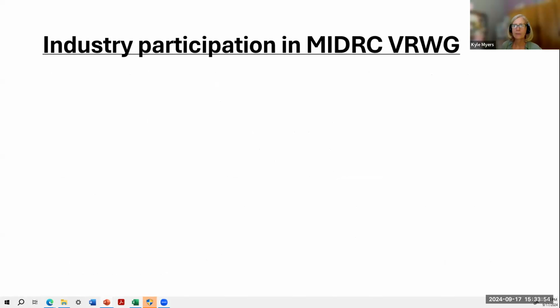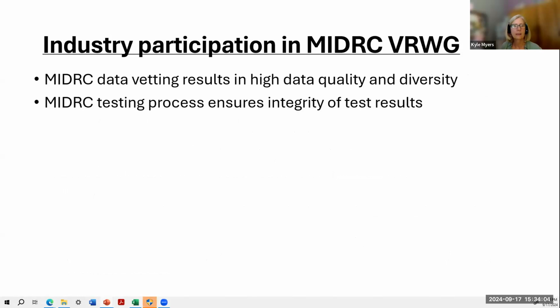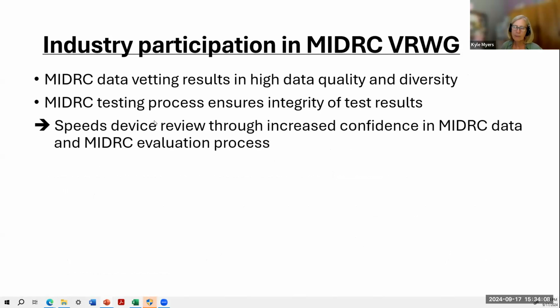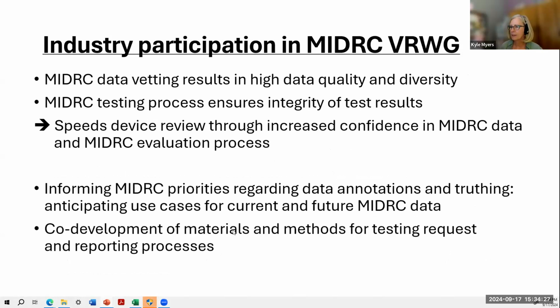So as I said, we have industry participation in the MIDRC Validation and Regulatory Working Group because they see the value of the high quality and diversity of our data. They see the value of the integrity of the test results and the potential for speeding the device review process. They are informing our priorities regarding what data within the sequestered commons we annotate and truth first, to allow us to anticipate use cases based on their own internal development efforts and practices.